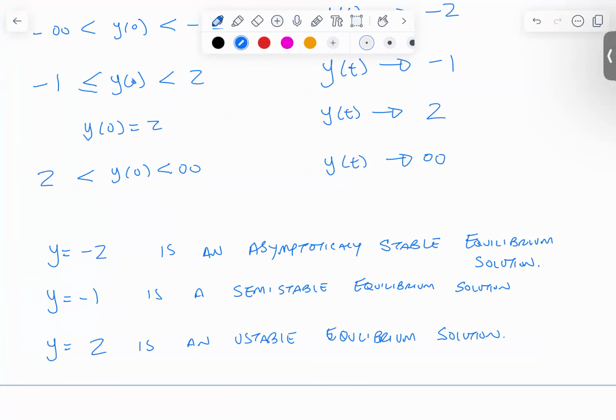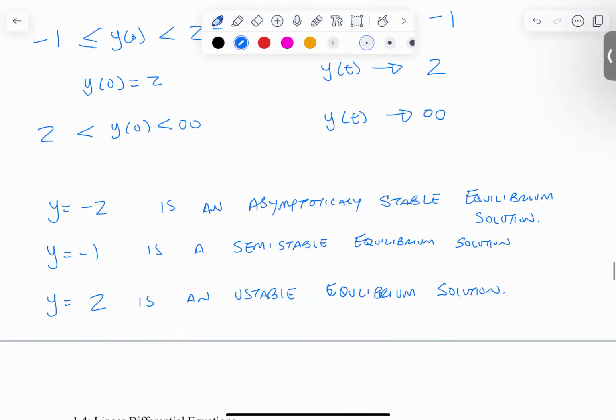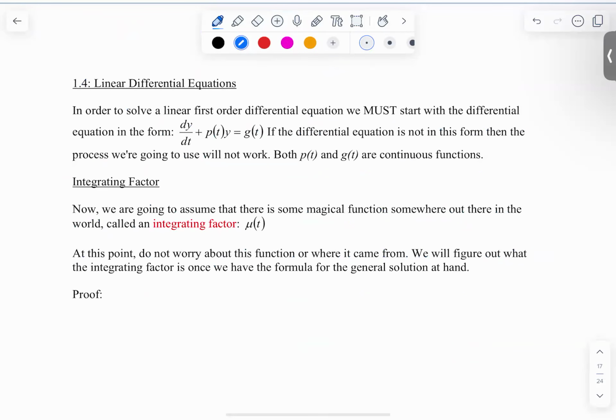So again, basically the same stuff we looked at last time, just adding a little more definition. Just practice.